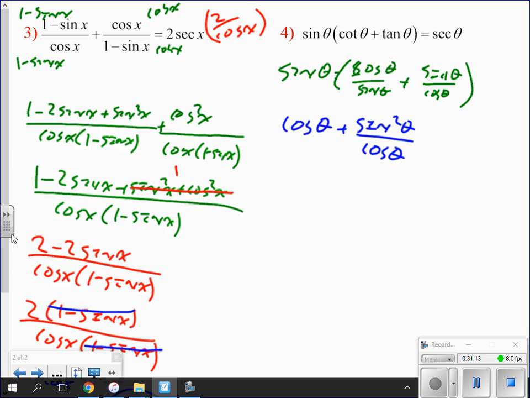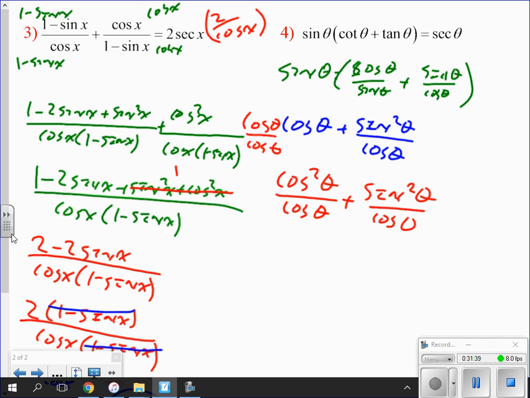What would my common denominator be? Cosine. So, I don't need to change the second fraction. I only need to change the first one. Cosine theta, multiply it by cosine theta over cosine theta. And I get cosine squared theta over cosine theta plus sine squared theta over cosine theta.